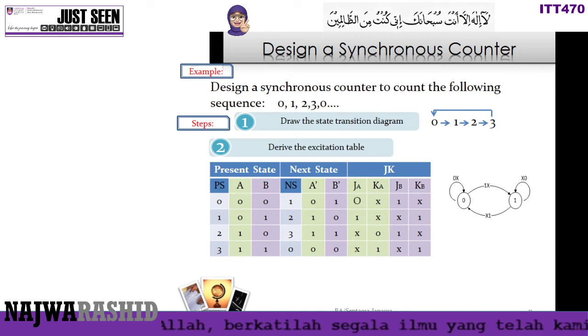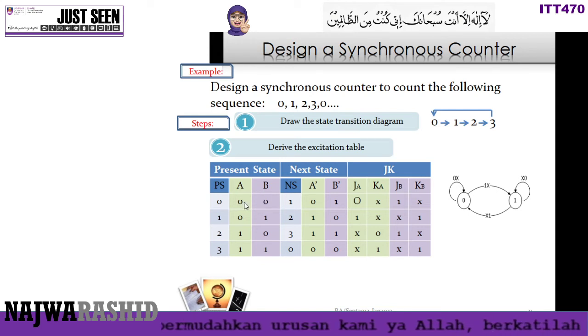Okay, the next part, you need to identify the JK values: JA, KA, JB, and KB. How to identify the value is based on your present state and your next state, based on this diagram. First we look for JKA.